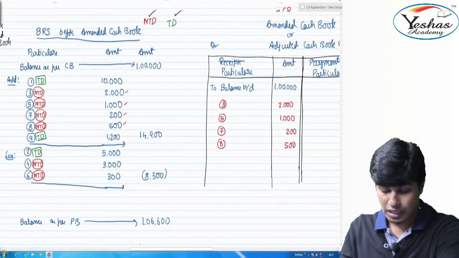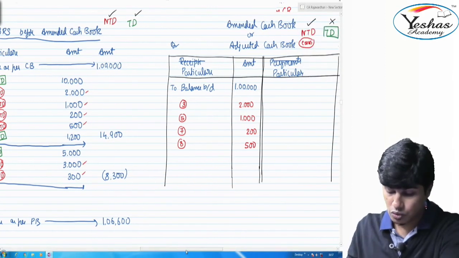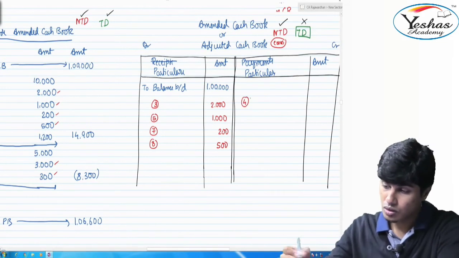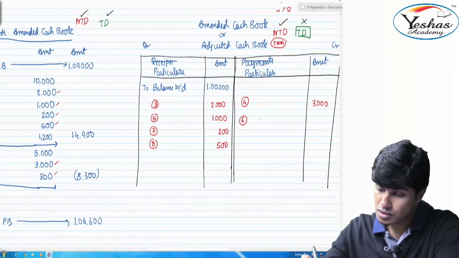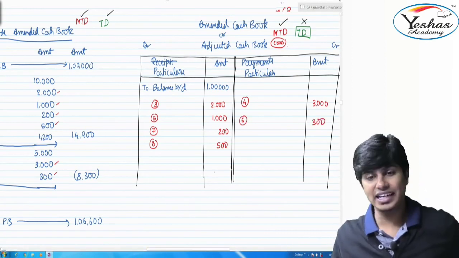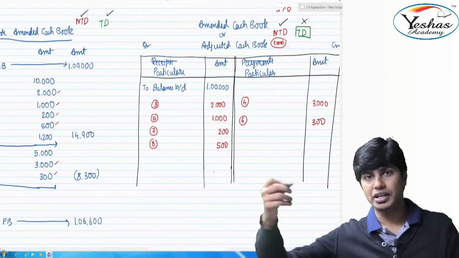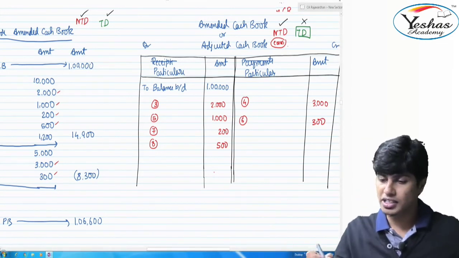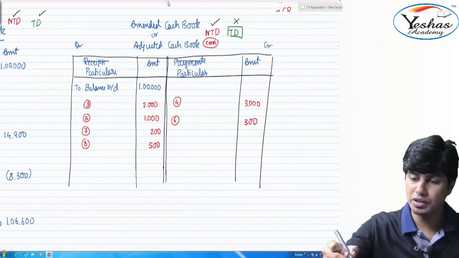You get that? Next, let's go to the payment side. 4, 3000, 6, 300. See, add items, debit. Less items, credit. Add means receipts. Money is coming in. Less means payments, credits. That's it. Done. So by this now we will arrive at the balance as per amended cash book.